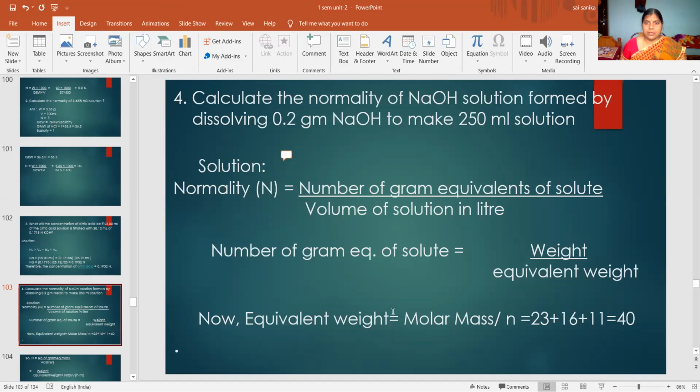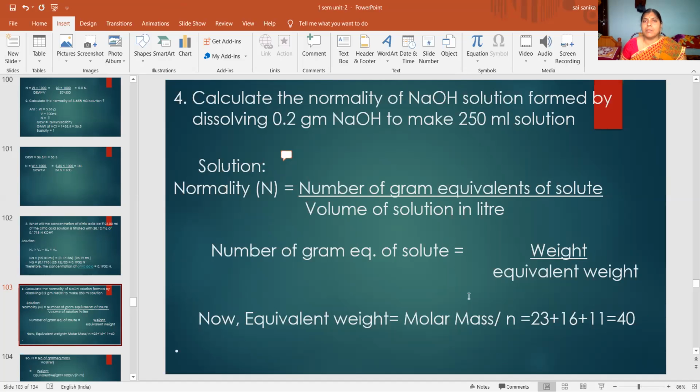Same. So normality is the number of gram equivalents of solute by volume of solution. So clearly here I wrote number of gram equivalents, weight by equivalent weight. Now the equivalent weight is 40. For NaOH, the gram equivalent weight and molecular weight will be the same, because its acidity is 1. This is a base.